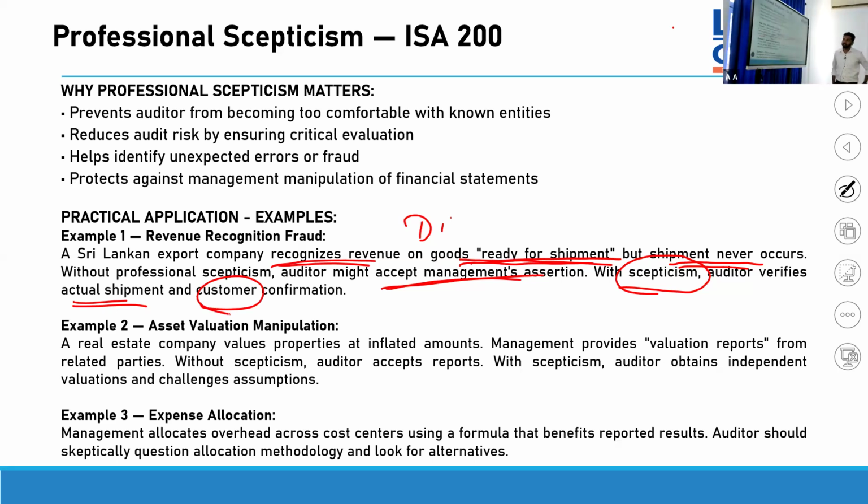Next one is asset valuation manipulation. Second example: a real estate company values properties at inflated amounts, which means they are showing those values at overstated amounts. Management provides a valuation report from related parties.